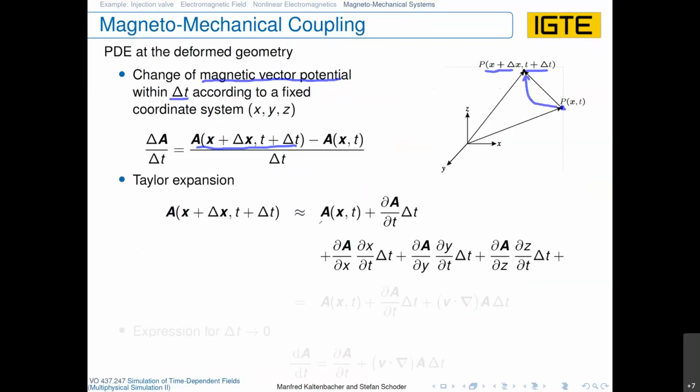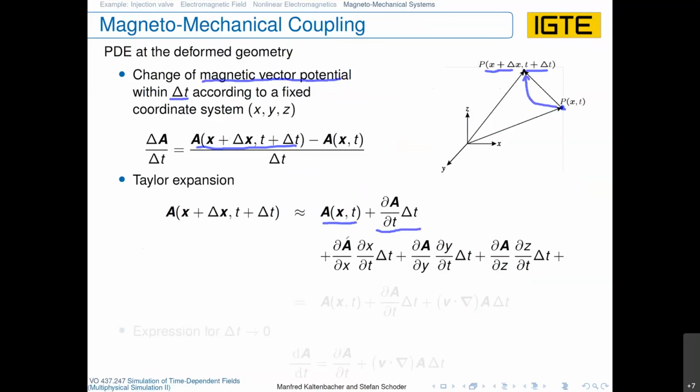So we clearly have our developing point, which is the vector potential at the old position x and old time t. And then we have the changes of this vector potential with respect to time and space. So with respect to time, it's the partial derivative and delta t.